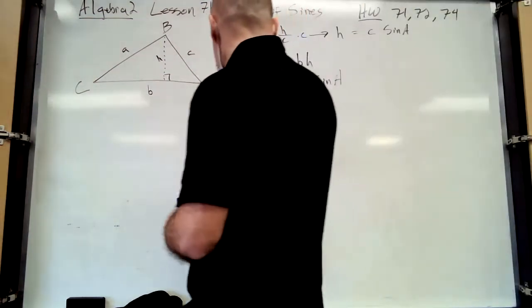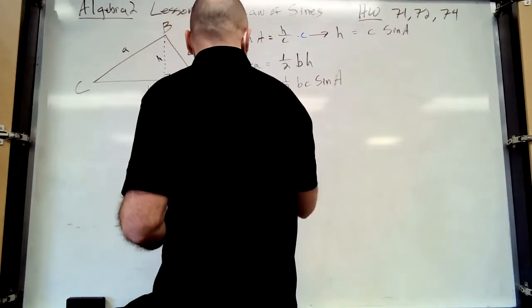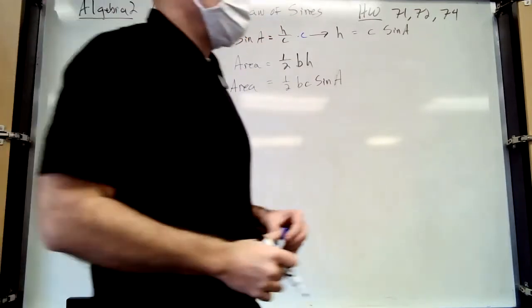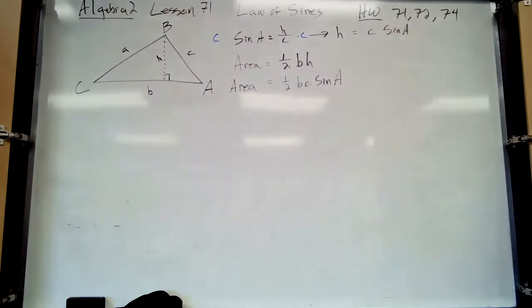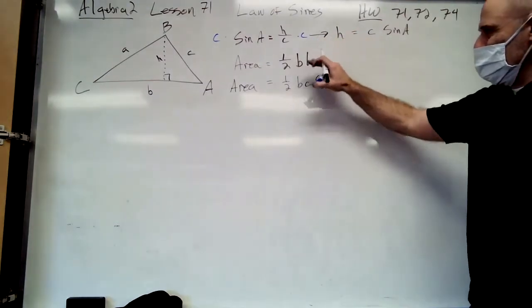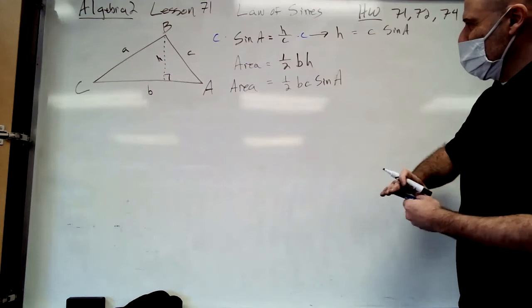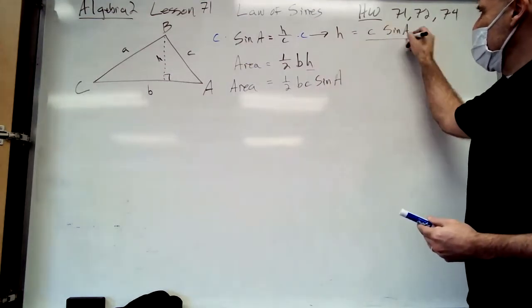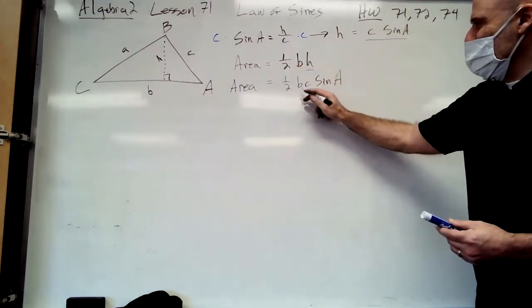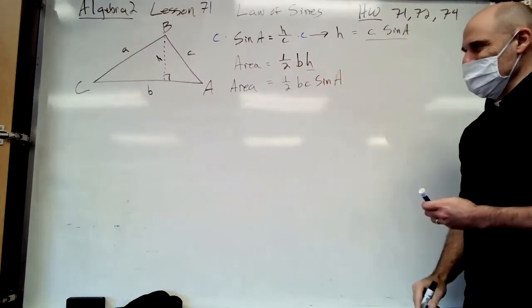So area, now again, it's okay if you don't understand how I got to this formula, even though we kind of explained it here. All we did was substitute this in for H, 1/2 B H, okay?